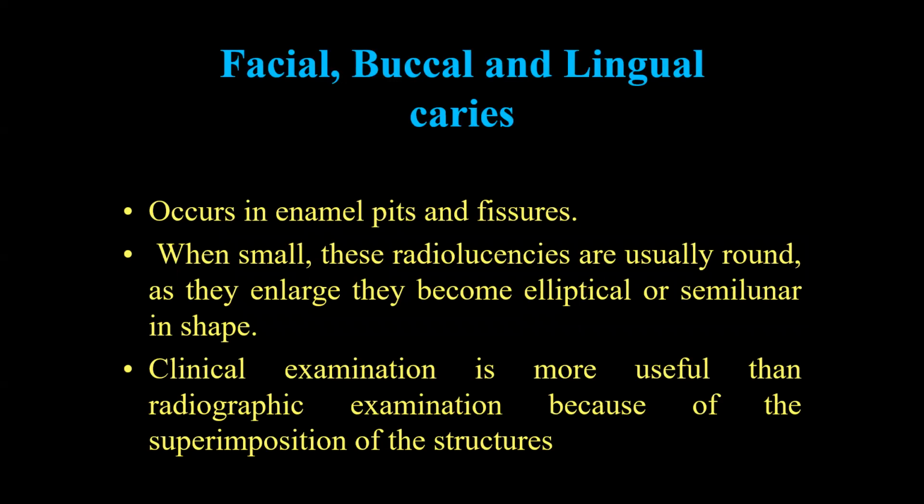For facial, buccal, and lingual caries, clinical examination is more important because the radiograph is a two-dimensional image, so there is superimposition. Most of the time we won't be able to identify where the lesion is, and the exact depth of the lesion is also not identifiable from a radiograph.